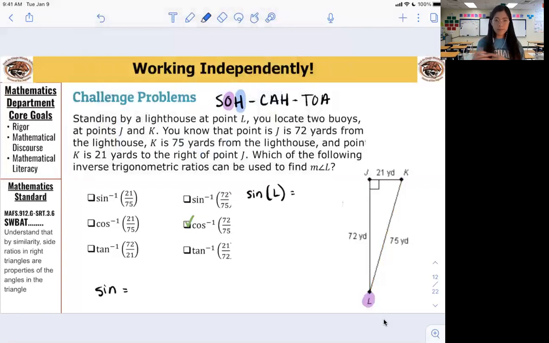For cosine, I need to remember how to spell SOHCAHTOA. Yeah, write it down right now. Use the abbreviation SOHCAHTOA. How does that help? Like towing a car.